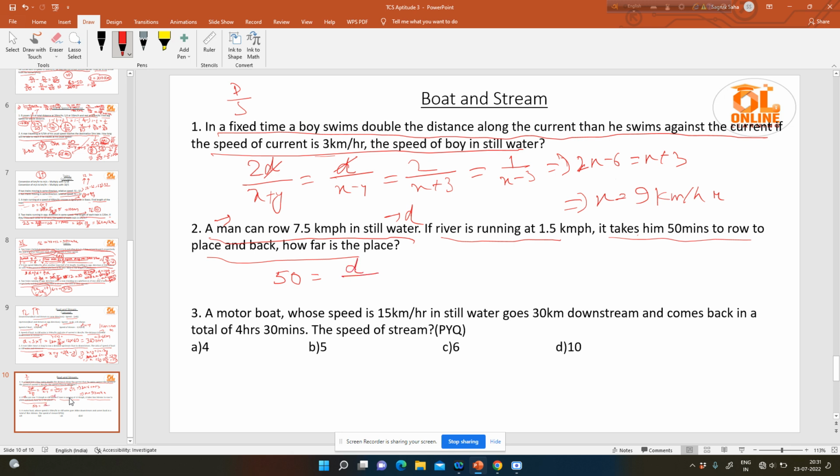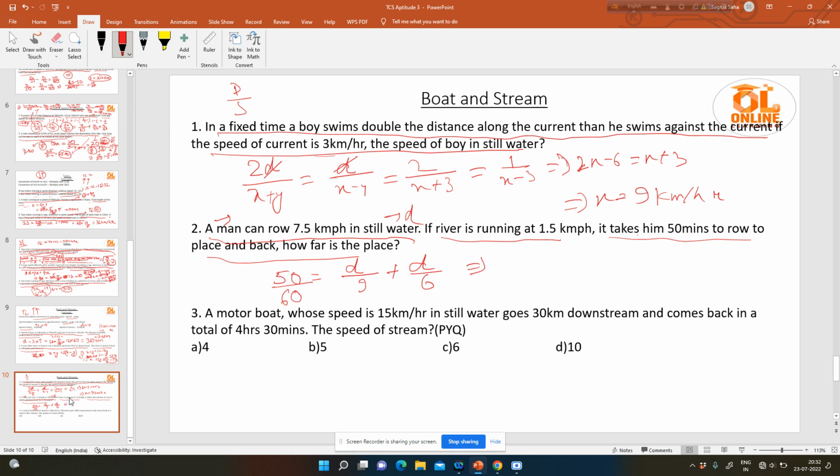So d by the speed in downstream, which would be x plus y, that is 7.5 plus 1.5, that would be 9, plus d by the upstream speed 7.5 minus 1.5, it is 6. And as both are in kilometer per hour, we have to convert 15 minutes into hours, we have to divide by 60, right?